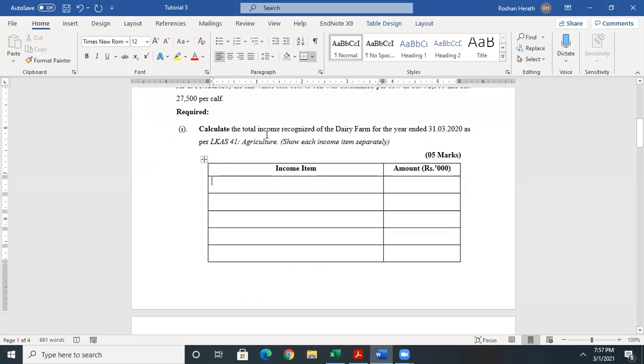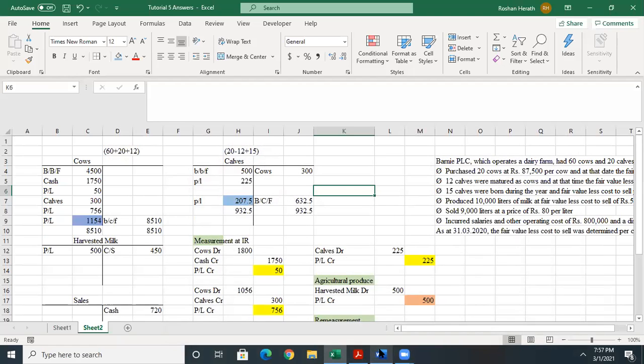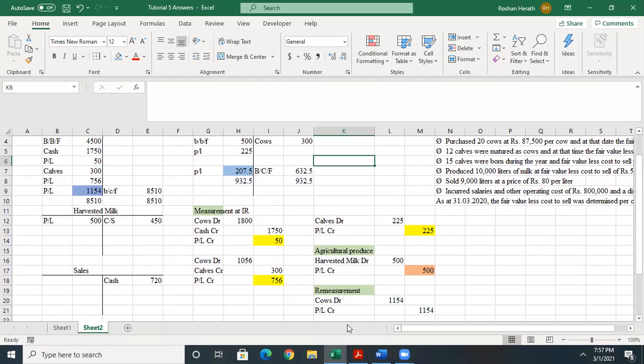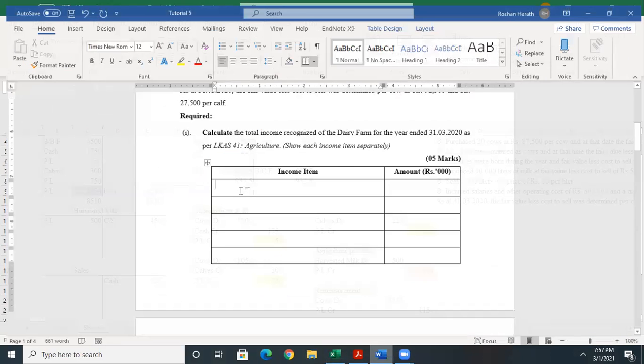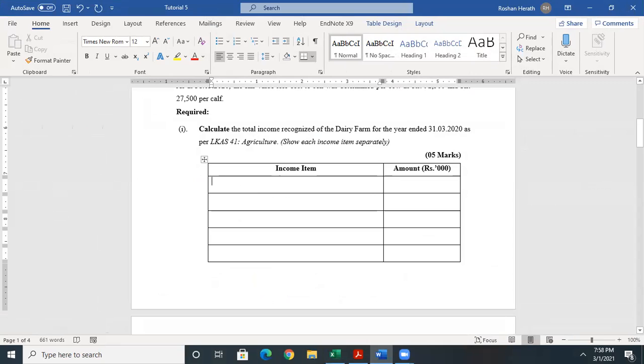Right. Then let us try to fill in the requested things. Calculate the total income recognized of the dairy farm for the year ended 31st March 2020. You have different kinds of income during the period. First, you can see gains on measurement at recognition.